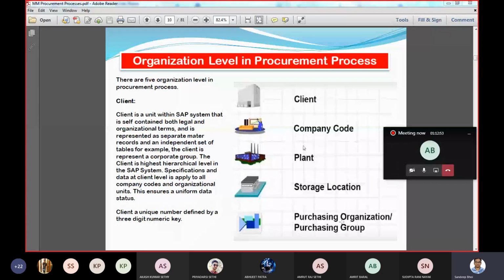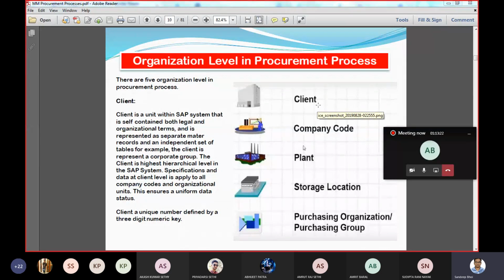Purchasing organization and purchasing group are different concepts, but you need to understand that a single client is there, and under that single client you have many different companies. Under one company there are different plants, and under one plant there will be different storage locations. So the code for the client will be a single one.